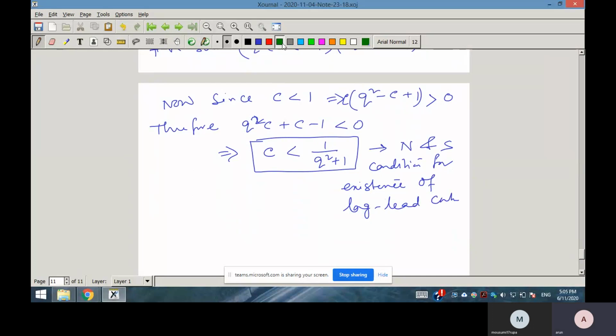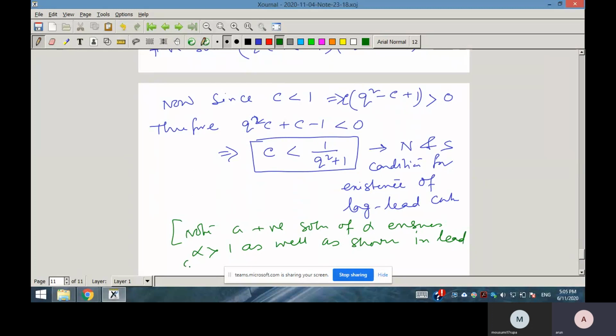So as I said, I am just writing a note: a positive solution of alpha ensures alpha greater than 1 as well, as shown in the lead controller case. So again I am not saying that.